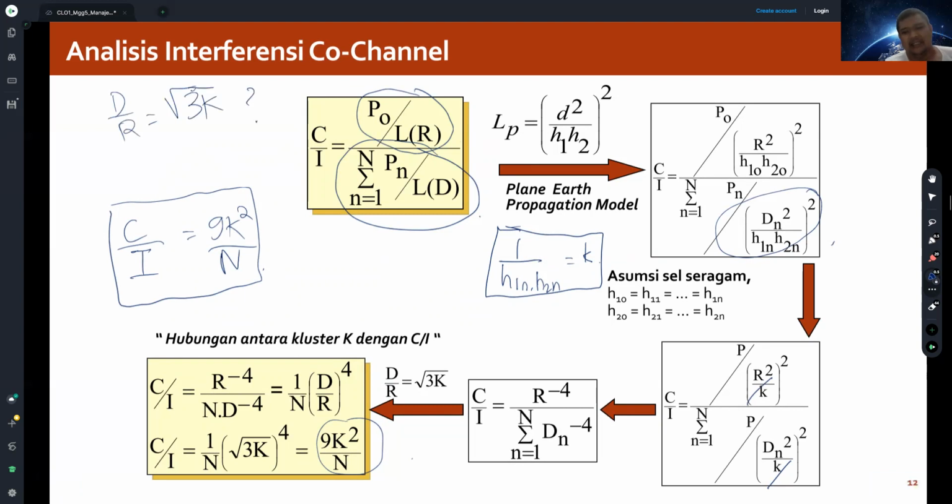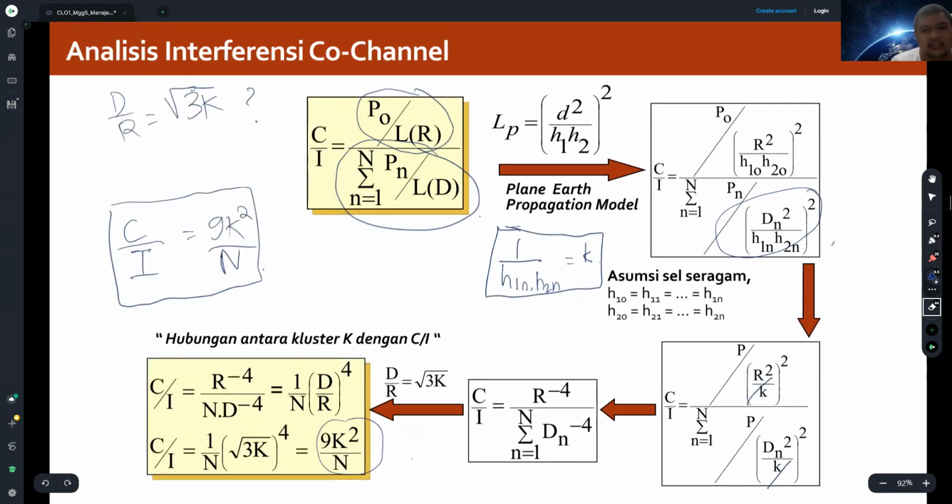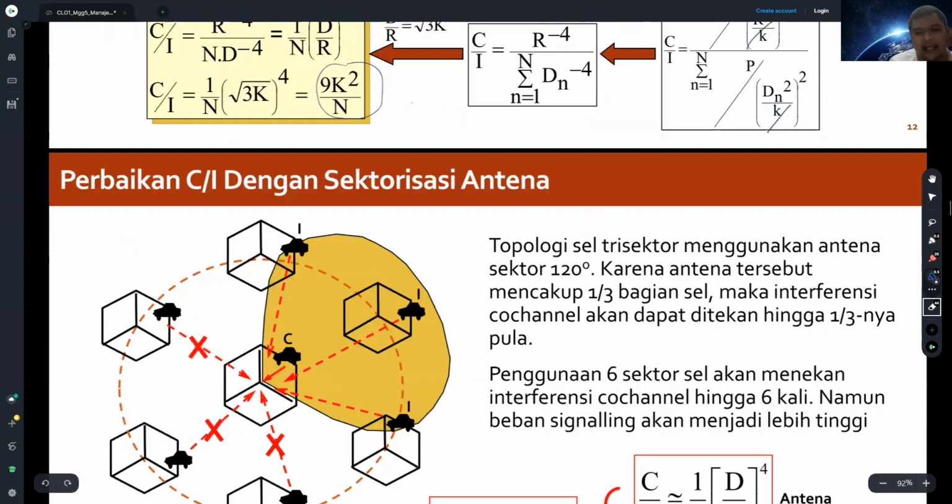It happens because the cell is hexagonal. We are going to learn about this later, but I think we are going to continue first.